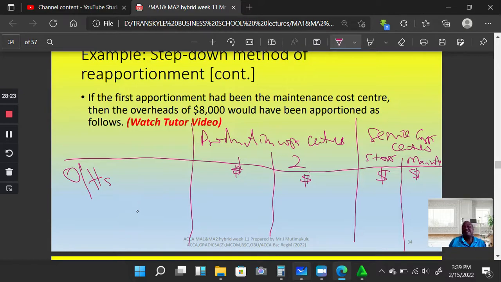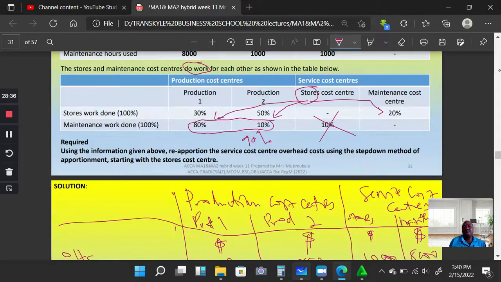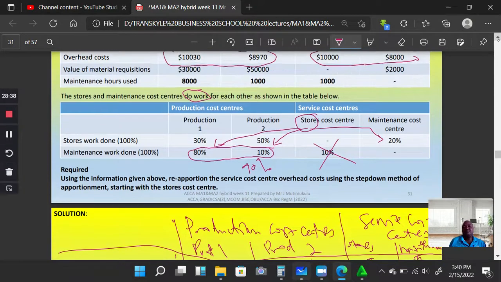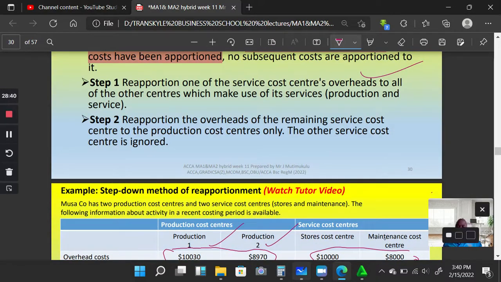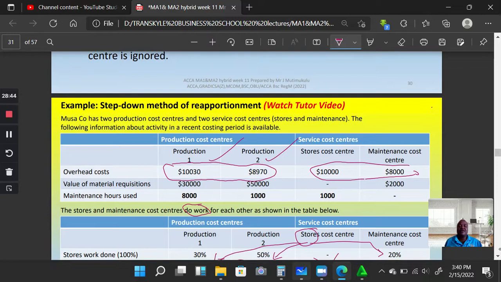That's the overheads I'm talking about, and they're given in the question. We just have to slot them in, $8,970, as you can see. Those are the overhead costs.